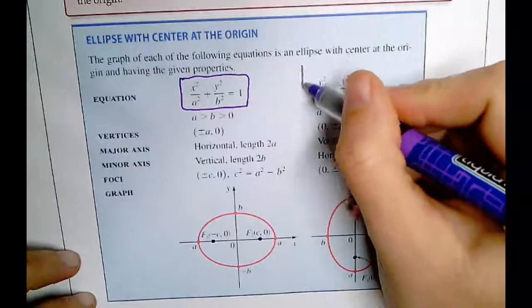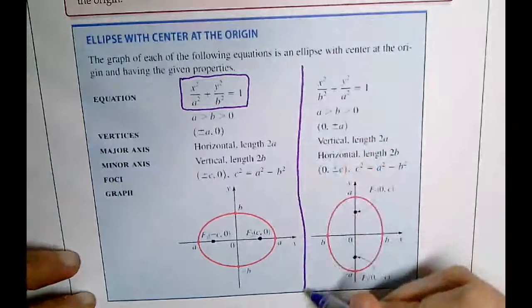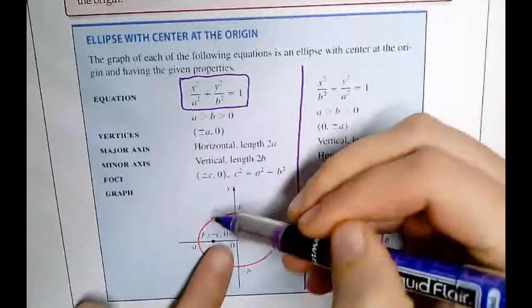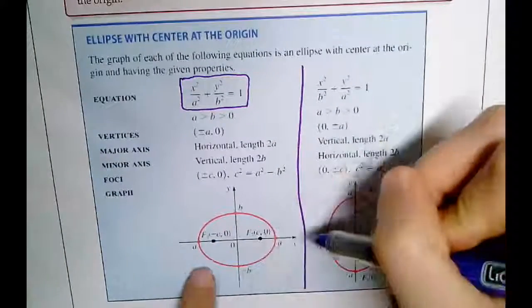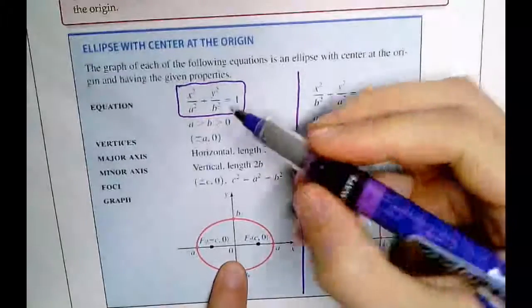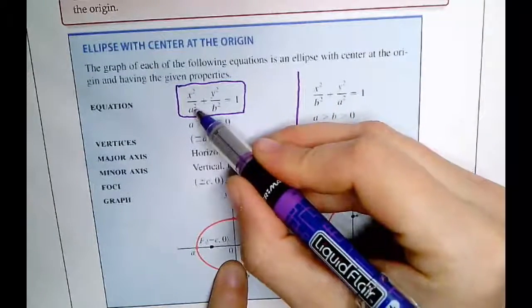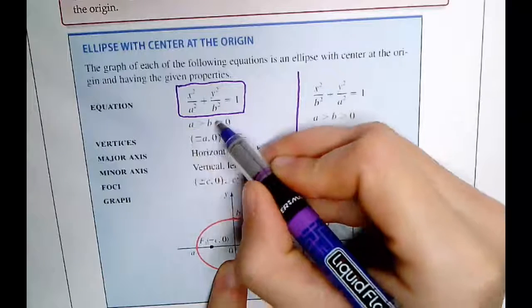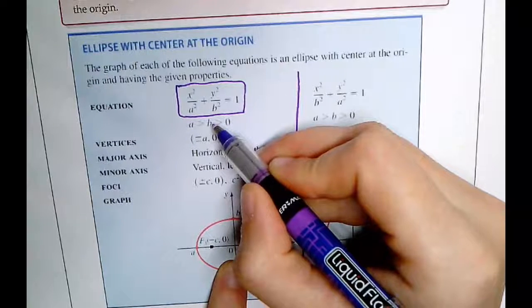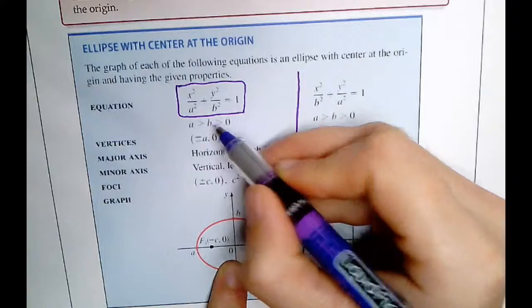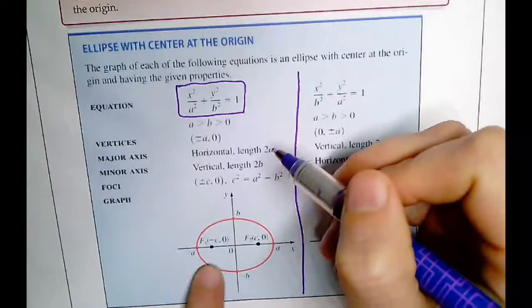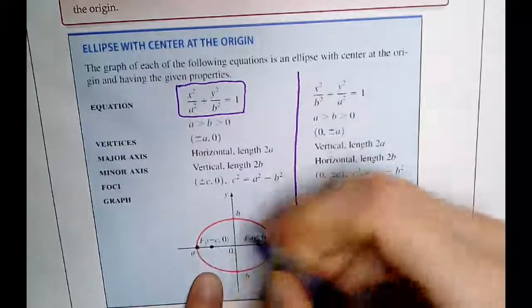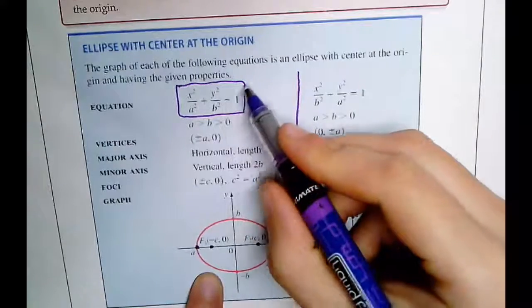So this is for when the focus 1 and focus 2 are on the x-axis. So both these numbers a and b have to be greater than 0, and a has to be greater than b. We call the x-intercepts, how do we find the x-intercepts from here, for example?